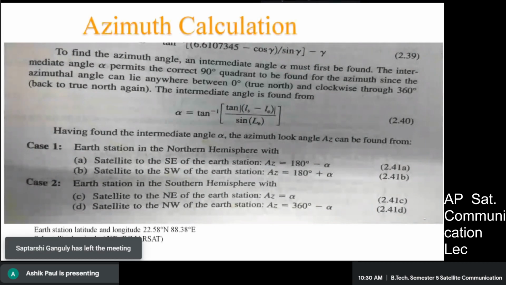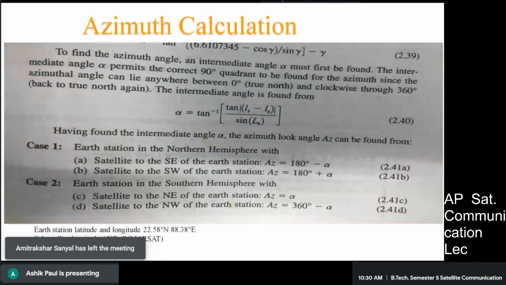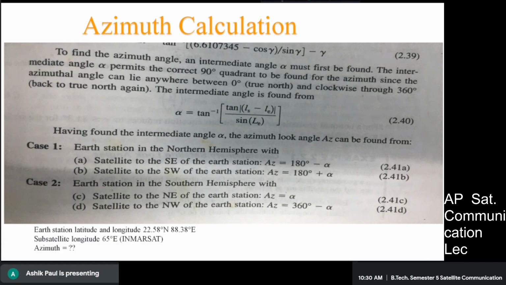Anyone else? Please tell me the value. So 228.236. Okay, your name, please. Sramana Majumdar. Okay.